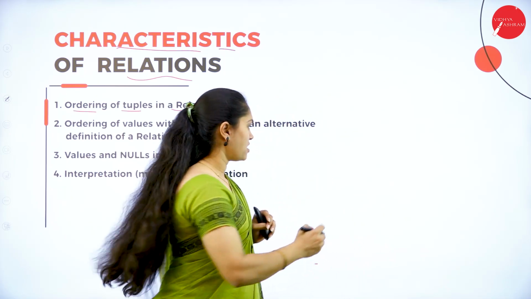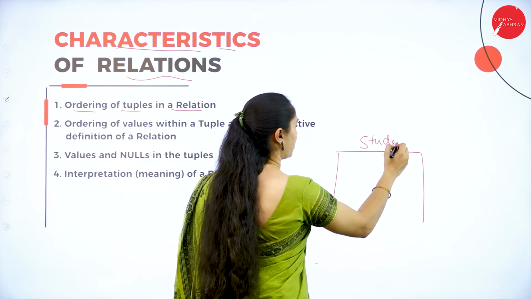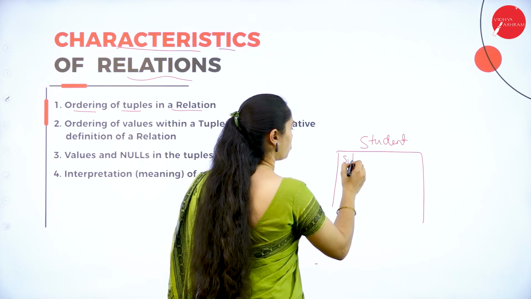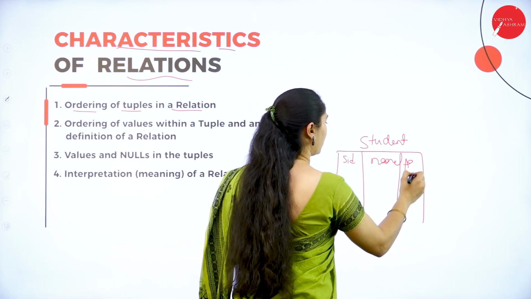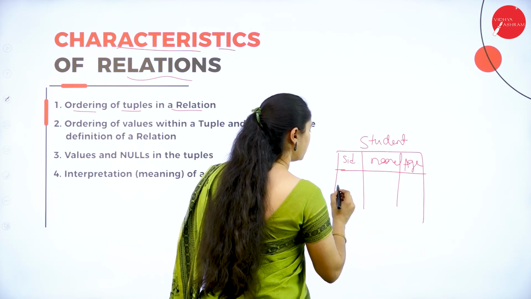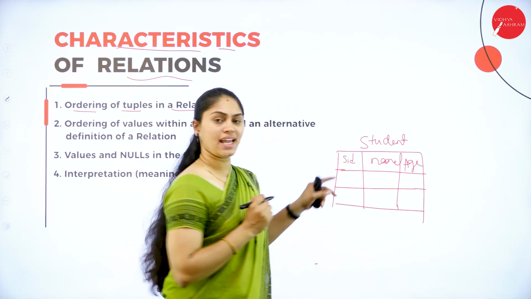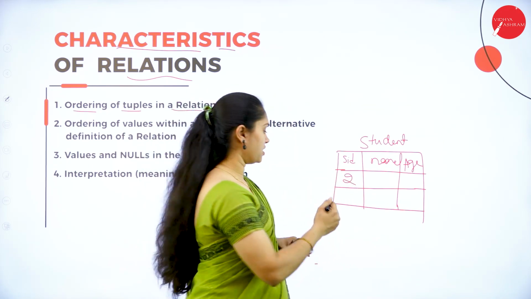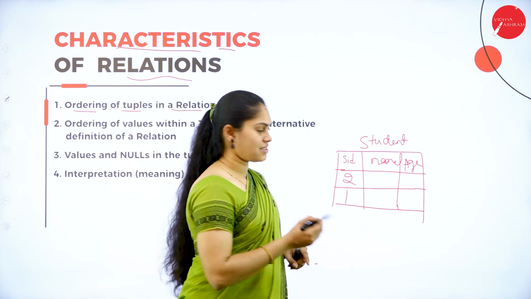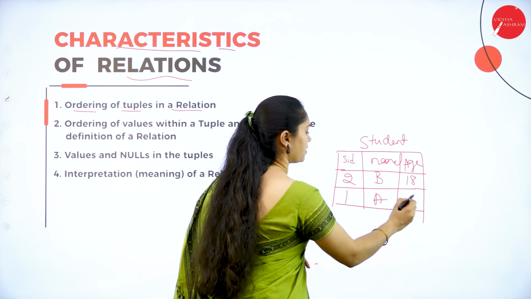For example, let me consider the same example again. Here we have student table, in that we had student ID and then name. After that we have this age column, correct? And in the earlier example, as you all see, I had taken 1 and 2. But now I am going to give student ID 2 as first value and student ID 1 as next value. So it was like this, correct?